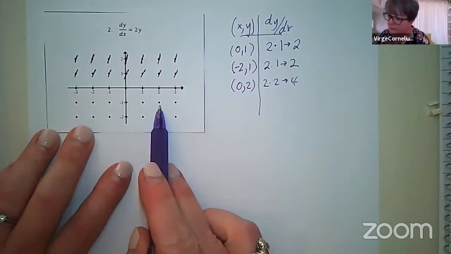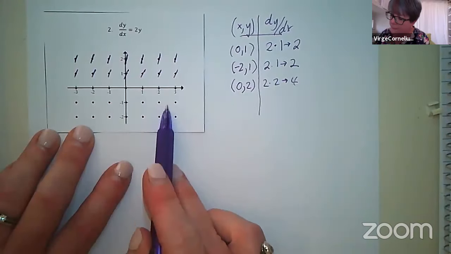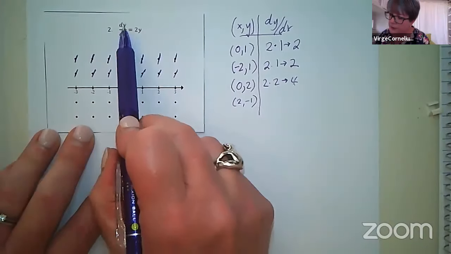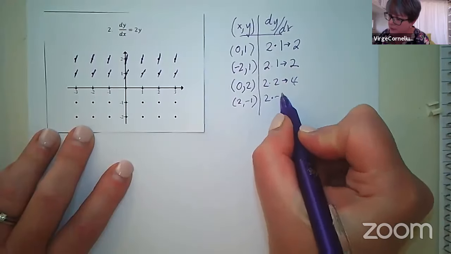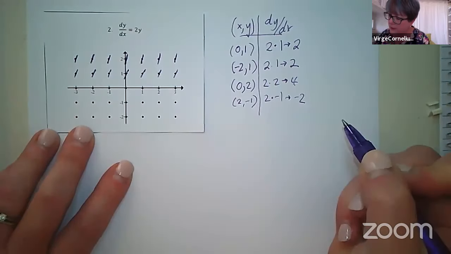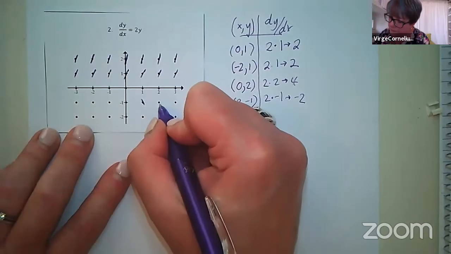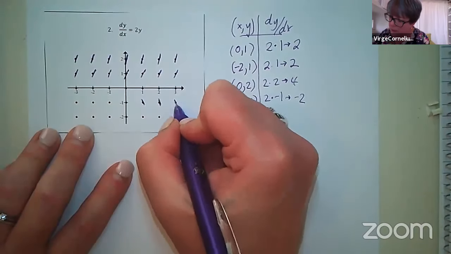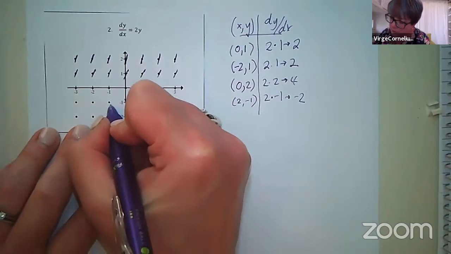Below the x-axis, at 2, -1, my formula says the slope dy/dx is equal to 2 times y. So 2 times -1 is -2. So that's going to have a slope of -2. And anywhere that y is -1, we're going to have a slope of -2.